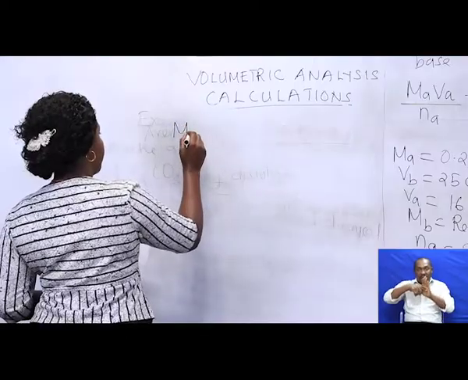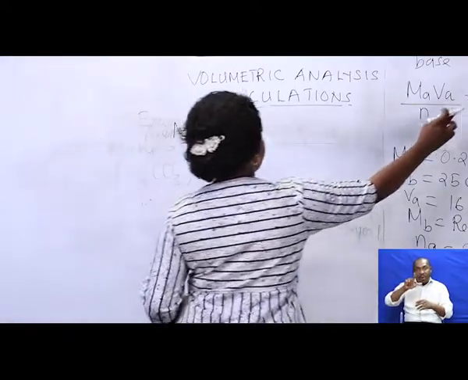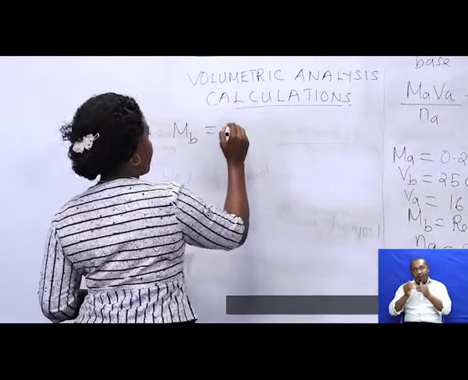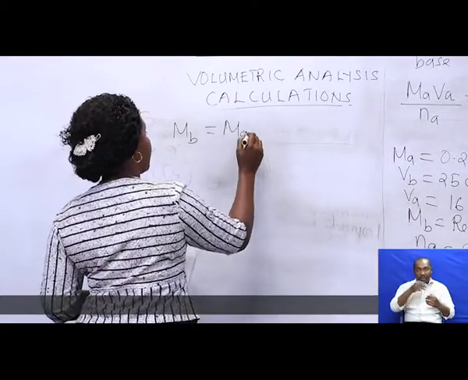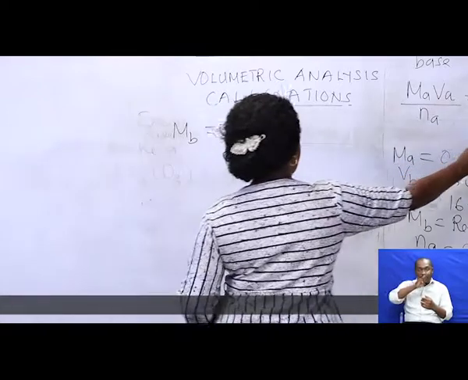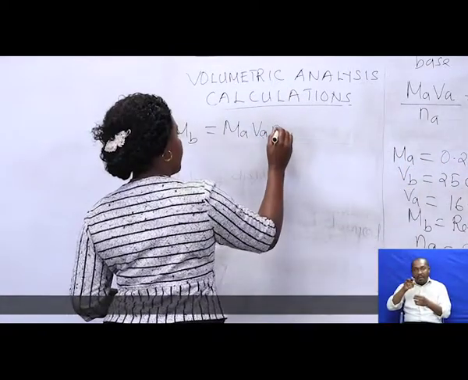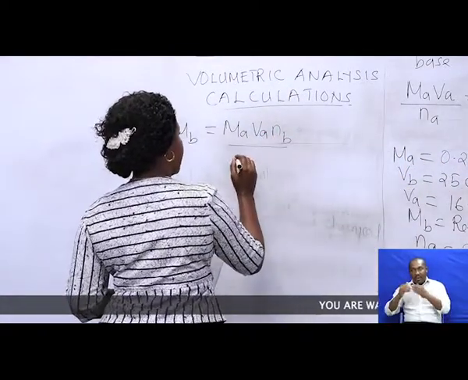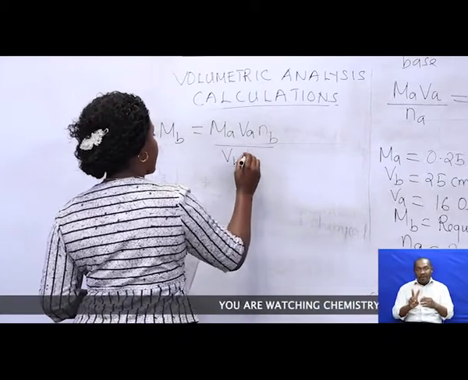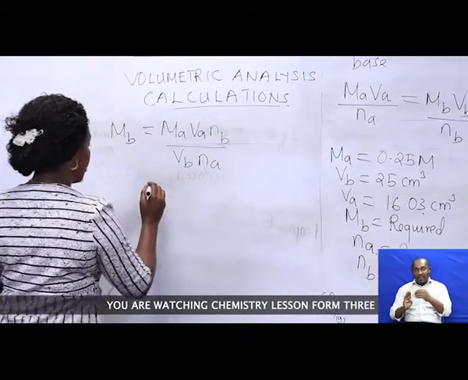So MB, if you cross multiply, MB will be equal to MA VA times number of moles of base, divided by volume of base times number of moles of acid. What are these?